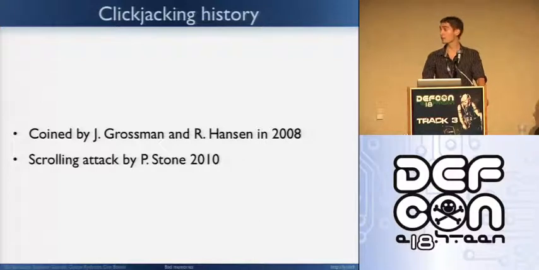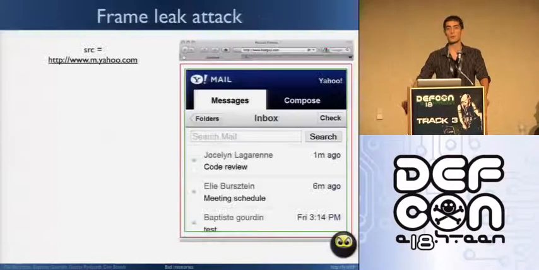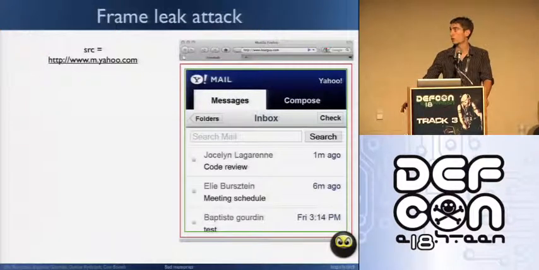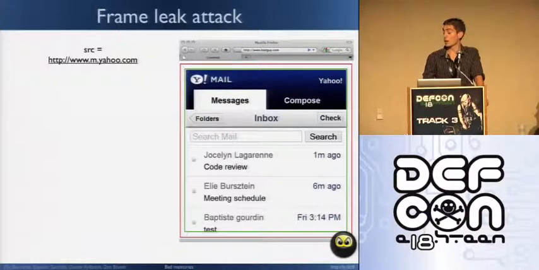This attack works as follows. In the first step, the attacker will double frame the target website. Here in this example, it will be the mobile version of Yahoo Mail. In a second step, the attacker will use a browser feature called anchor scrolling.